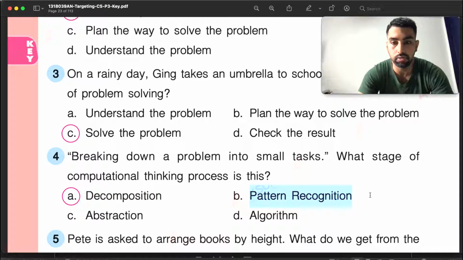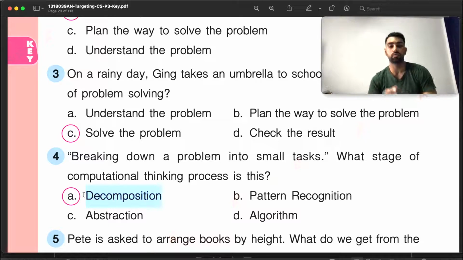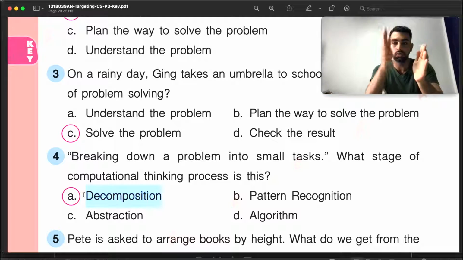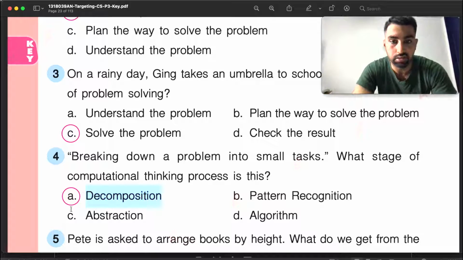B, pattern recognition. C, abstraction. D, algorithm. So decomposition is the correct answer, because in decomposition, as you remember, we decompose the problem. If there is a big problem, we chop it and make it small pieces of tasks.